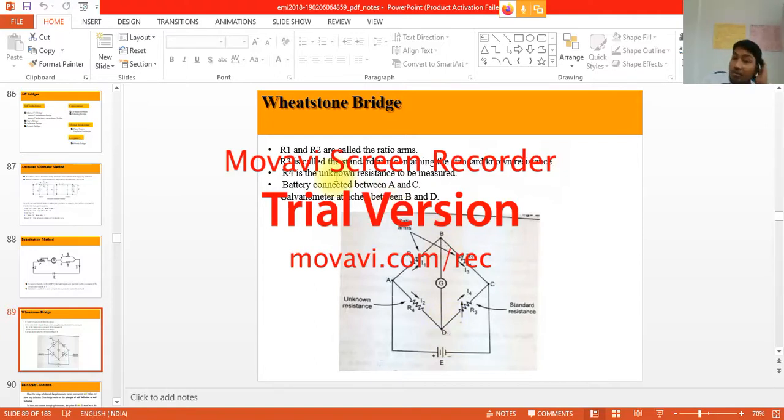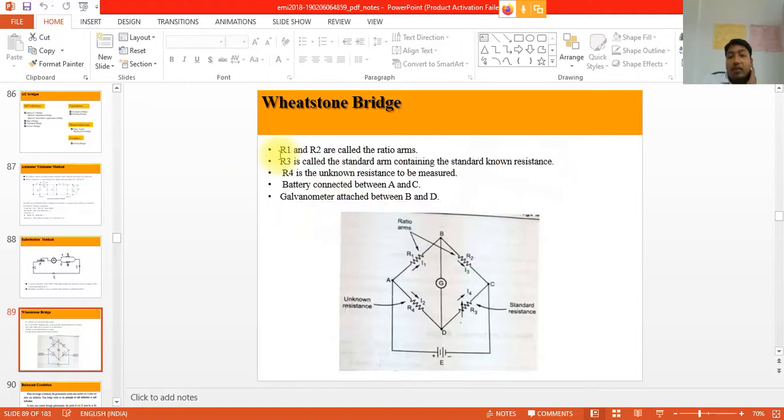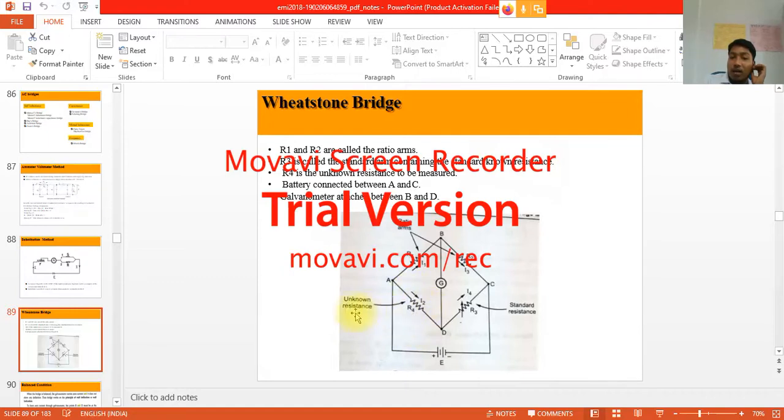Then what is the concept of the Wheatstone bridge? R1 and R2 are called the ratio arms, because these are the ratio arms, while the other arms are the standard and unknown resistance arms.